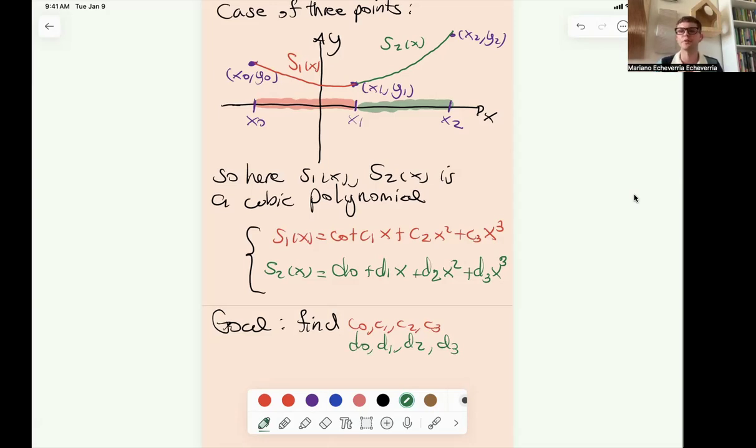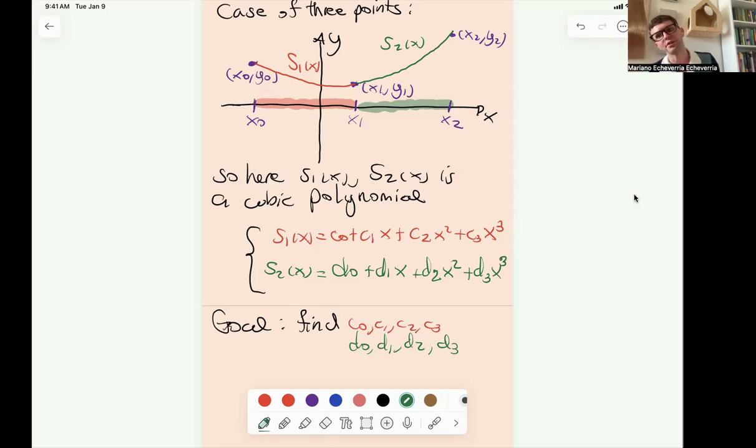But there's no philosophical reason for why it's cubic. It's just a practicality thing. You could try to interpolate with quartics or other things, but then you would have to start adding more and more conditions. So cubic just ends up being the lowest degree polynomial that makes this work out nicely.